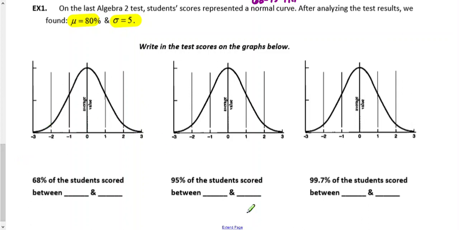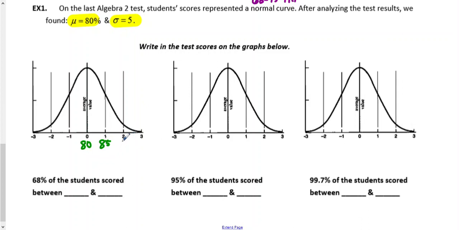So if we were to label just one of these graphs, our mean always goes in the middle. So in this case, it's 80. And then if we were to add a standard deviation, my standard deviation is 5, so 80 plus 5 would give me 85.